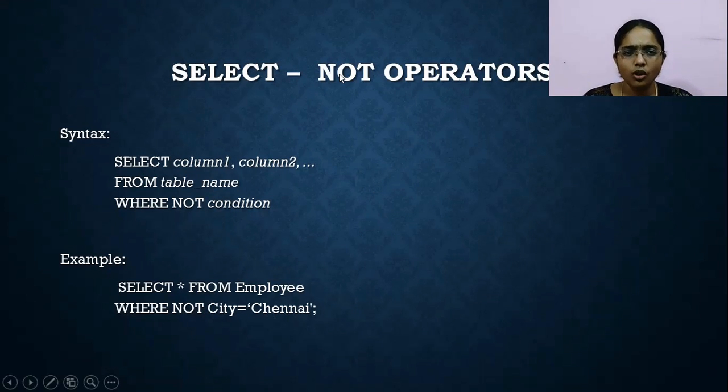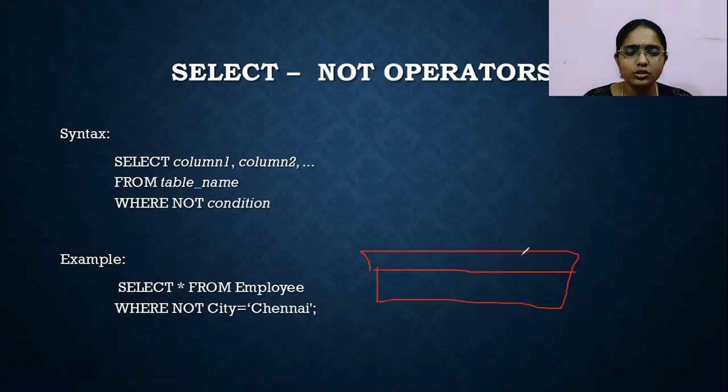So you're going to fetch all the information from the employee table, but the persons whose city is Chennai will be avoided. Those from Chennai will never be taken. Apart from this, all the information will be displayed. So this is how we apply it. City should not be Chennai.